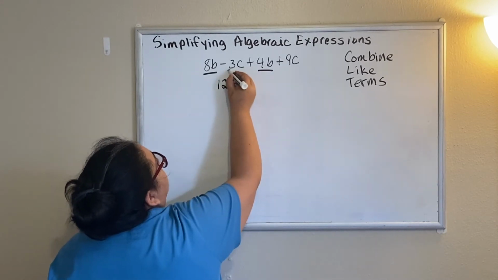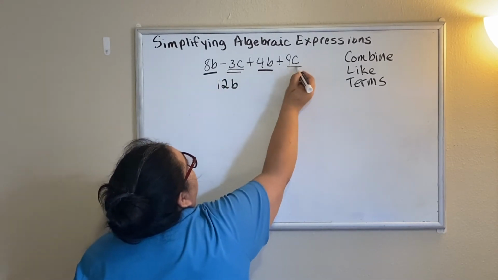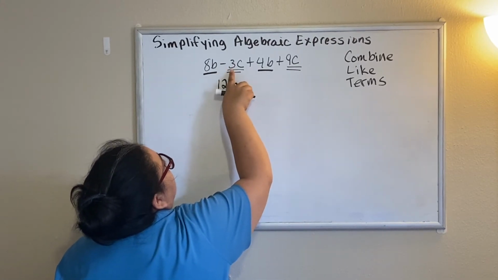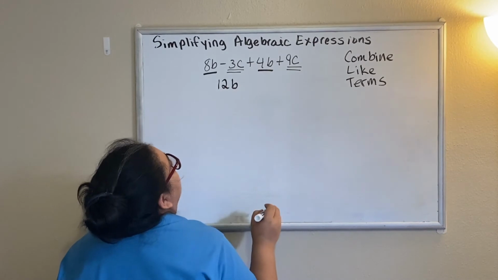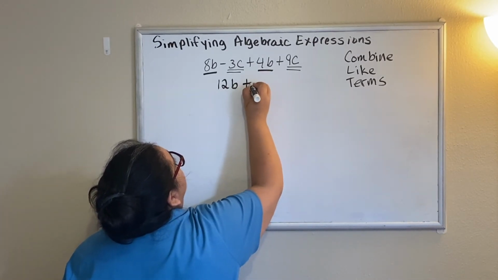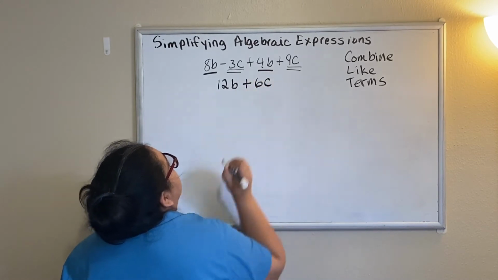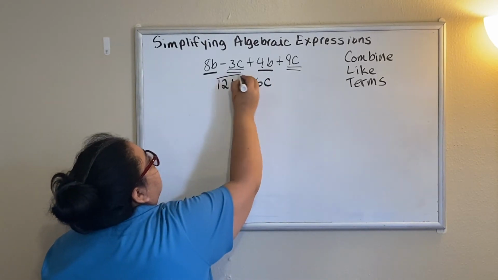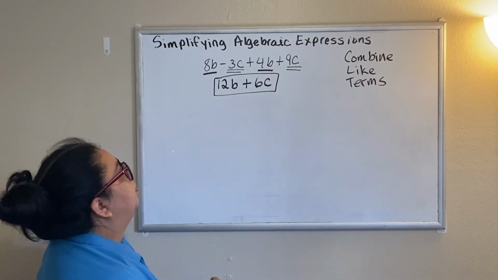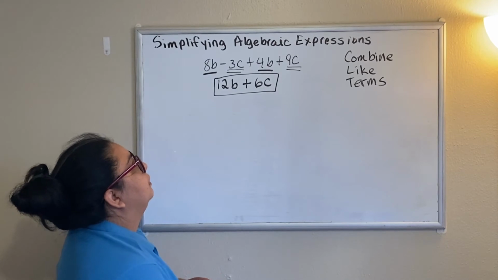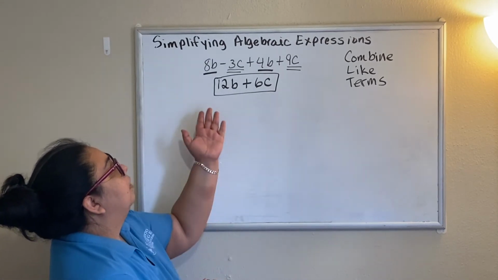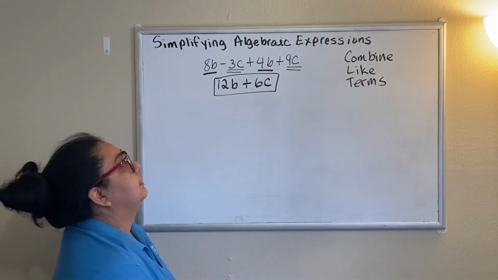And now we're going to combine 3c with 9c. It's got a negative in front, negative 3c plus 9c is going to be positive 6c. So we're going to put plus 6c. And that is our simplified expression. We have simplified 8b - 3c + 4b + 9c. We've combined like terms and gotten 12b + 6c.